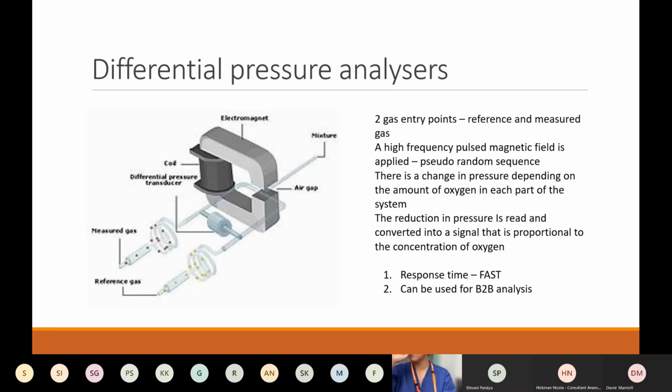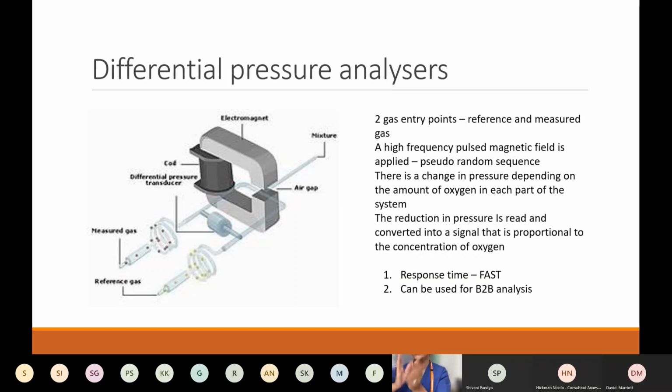As the two gases come through, a high frequency pulsed magnetic field is applied, and this is applied randomly. As the magnetic field is applied, the oxygen will be attracted towards it again.